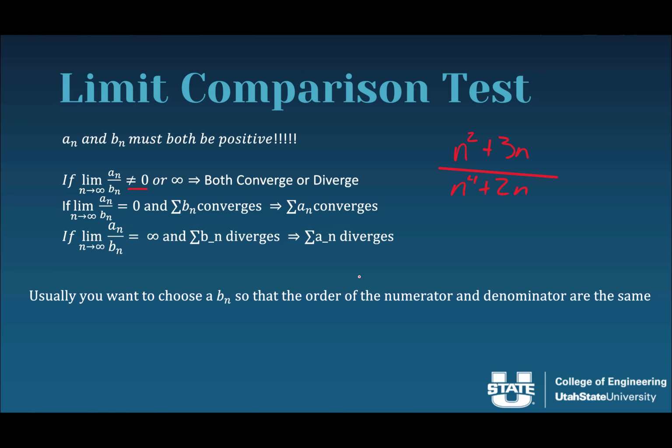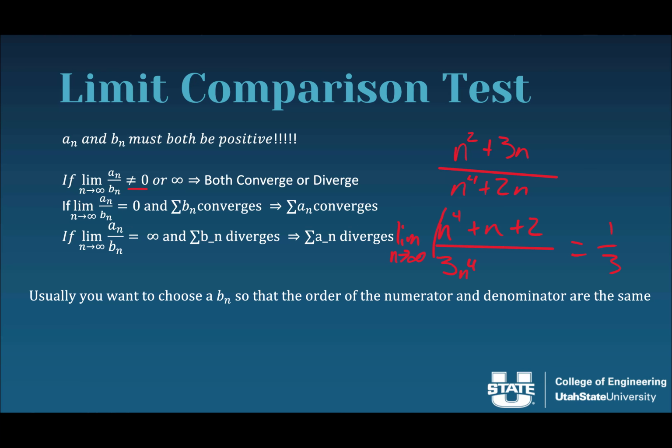Basically all I'm saying is that if you guys remember the rule, for example, the limit as n goes to infinity of n to the 4th plus n plus 2 divided by 3n to the 4th is going to be equal to 1/3, right?